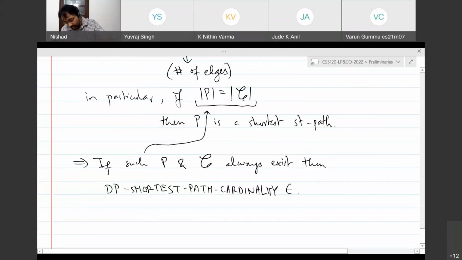Therefore, it belongs to NP. We will prove this in module 4.